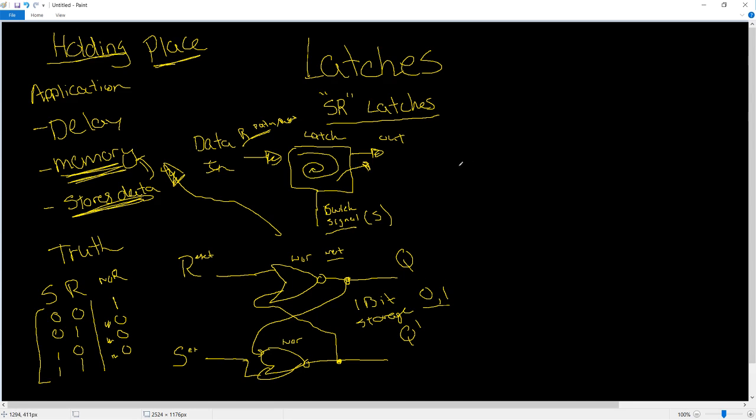The application of this is memory, and I'm going to get a little bit into this before I end this video. What you can do is set up a decoder, which is pretty much like a giant switchboard.